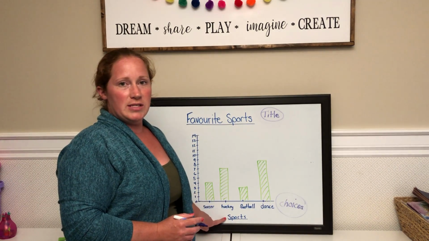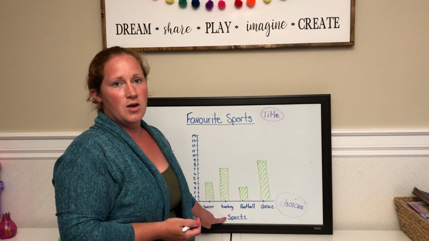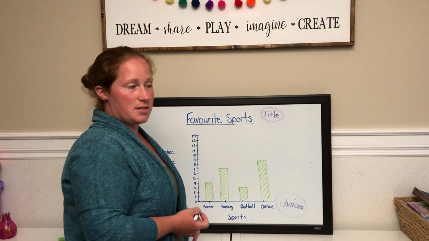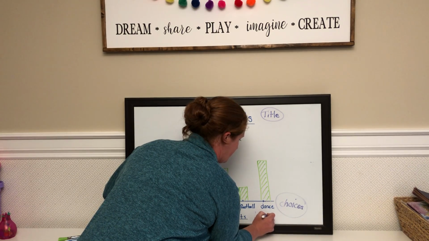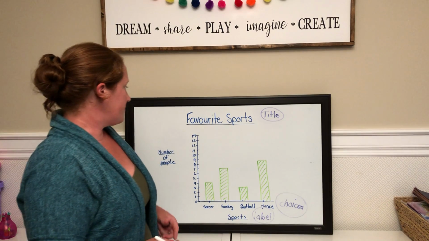And underneath the choices is a label for what those choices were, what that information is. And those were the different sports that they got to choose from. There will always be a label at the bottom.